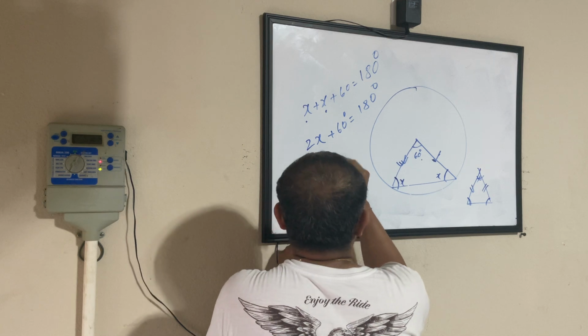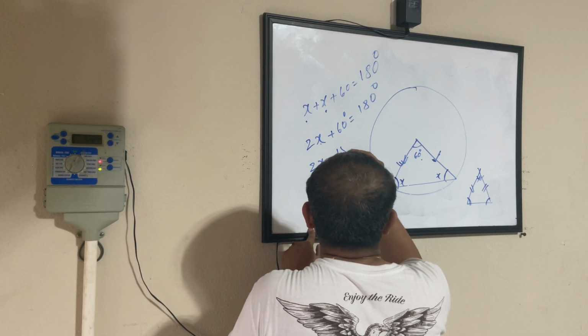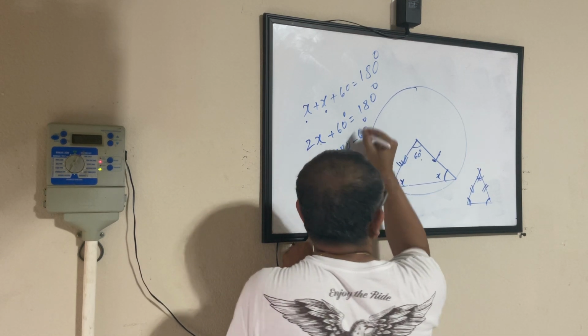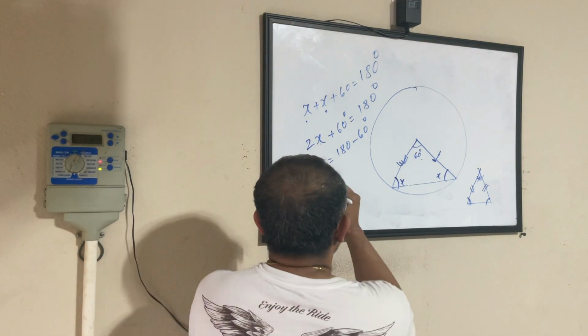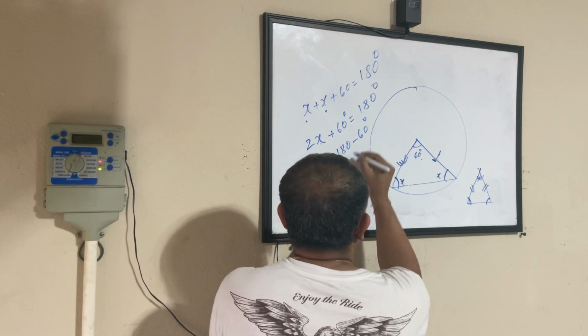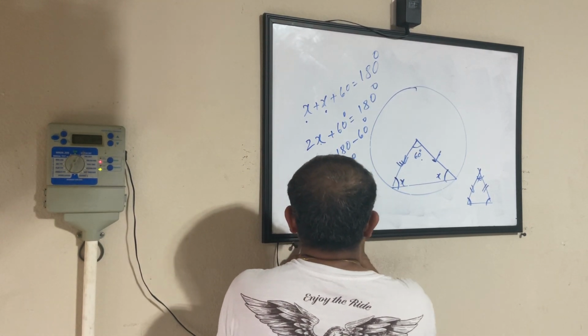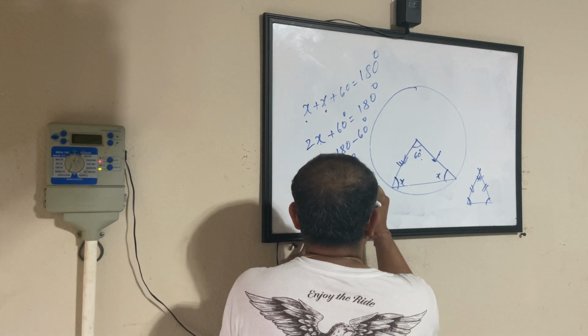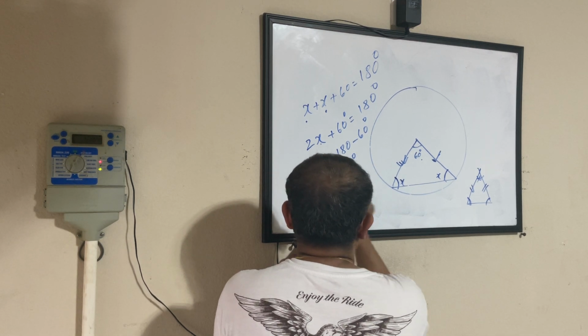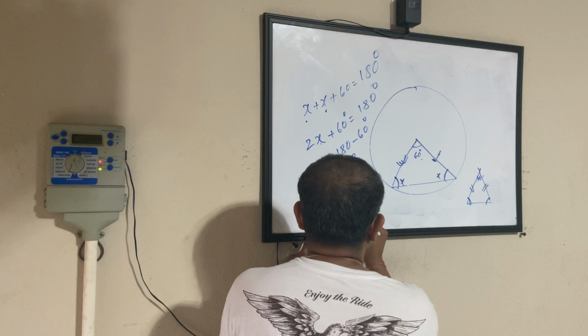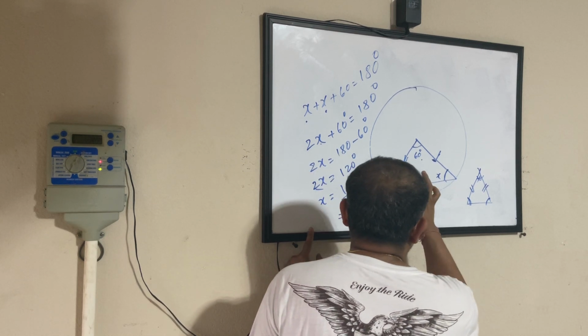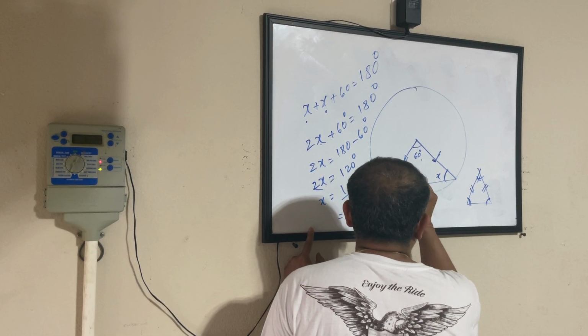That means 2x equal to 180 minus 60 degree. That is 2x equal to 120 degree. x equal to 120 divided by 2. This becomes 60 degree. So wherever I had x, I have put, replacing that with 60 degree.